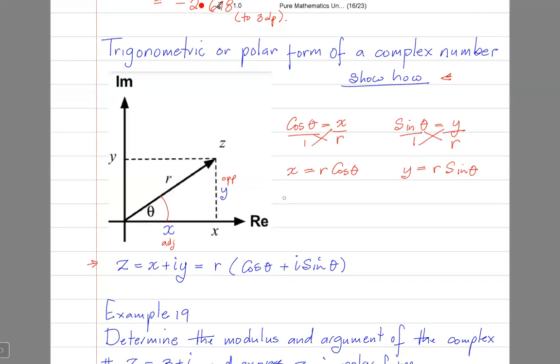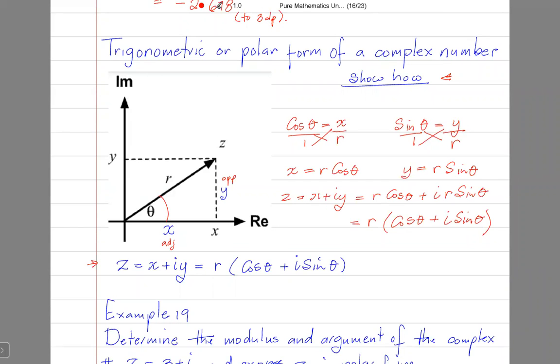So the complex number z, which is x plus iy, may be written as x, which is r cos theta, plus i times r sine theta, which is y. r is common, so I take out the r: r cos theta plus i sine theta.